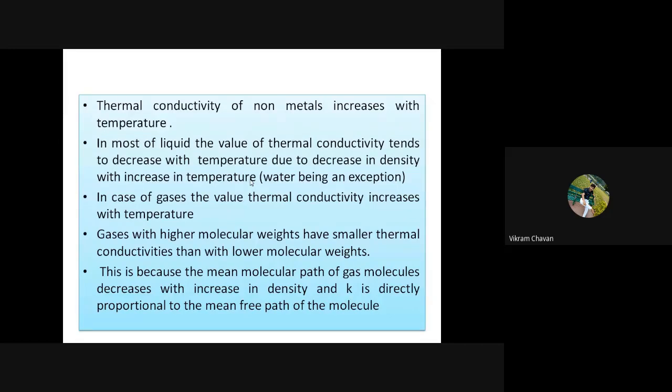In case of gases, the value of thermal conductivity increases with temperature.